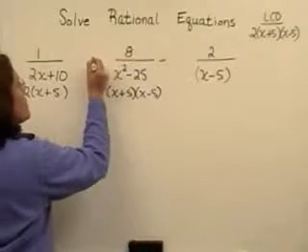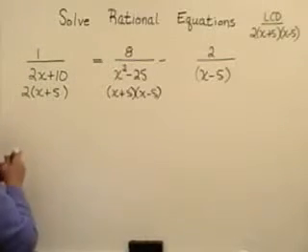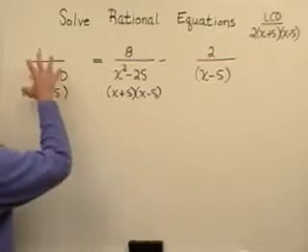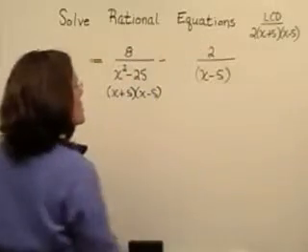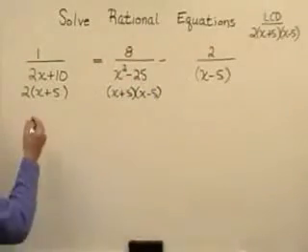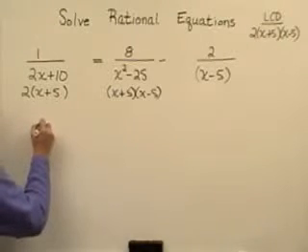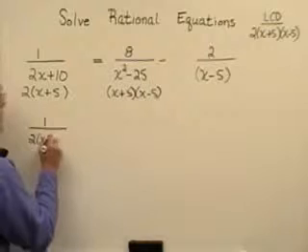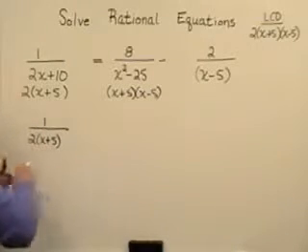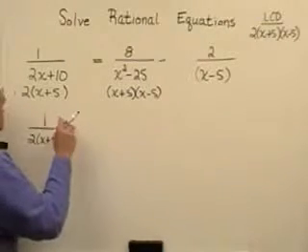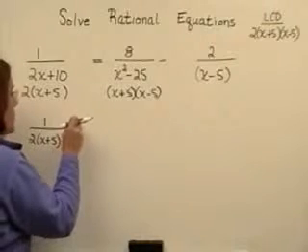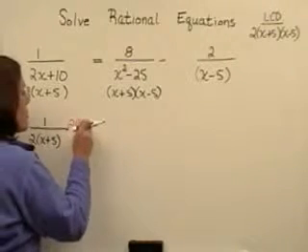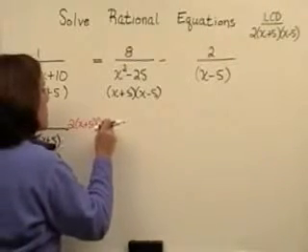And so what I'm going to do is show the process of multiplying each one of these fractions by that common denominator. I actually believe I'll go ahead and recopy. So I have 1 over 2 times x plus 5. It needs to be multiplied by 2 times x plus 5 times x minus 5.